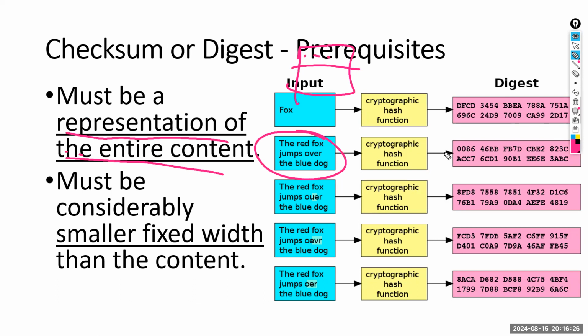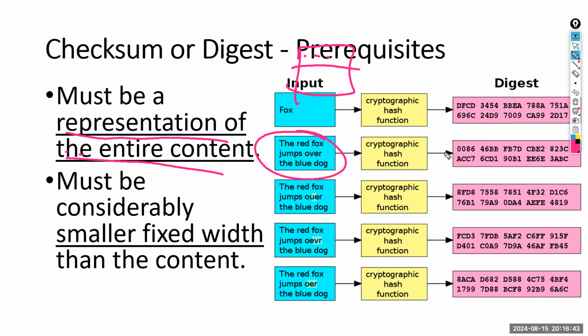So good digest and checksum algorithms use your entire content to generate the digest. That is common sense, right? Otherwise, it's not going to work.